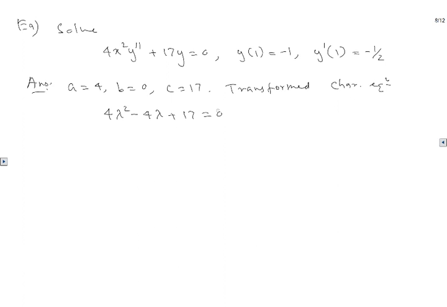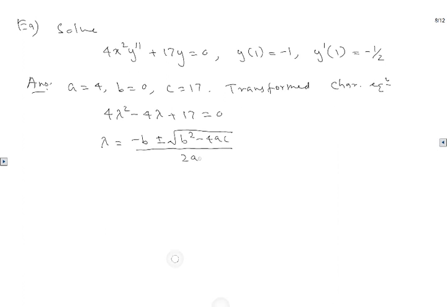So we try to find factors. The best thing would be to use the quadratic formula. If you use that, it is negative b plus or minus the square root of b squared minus 4ac, over 2a.